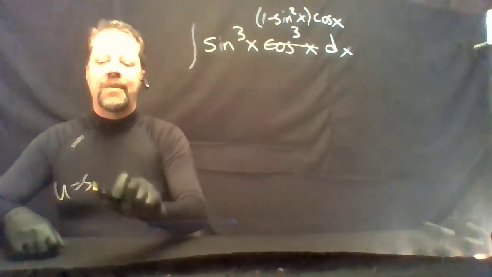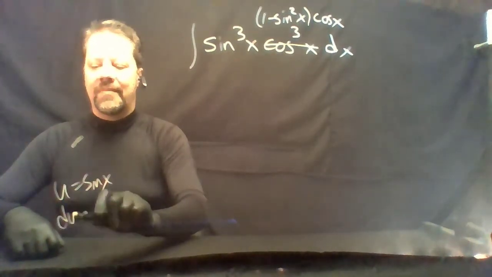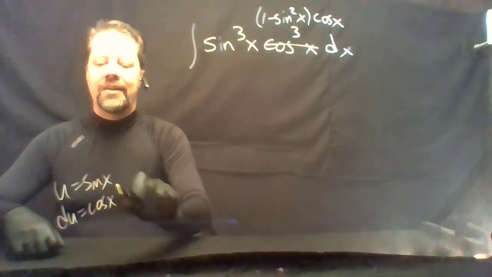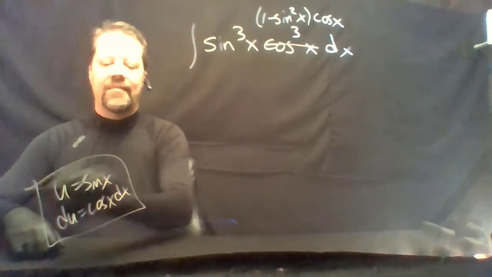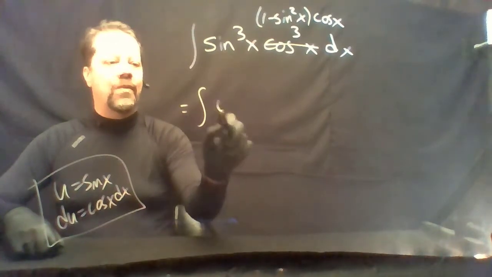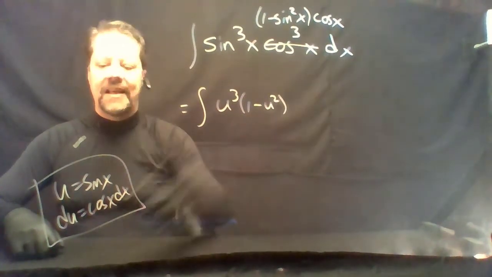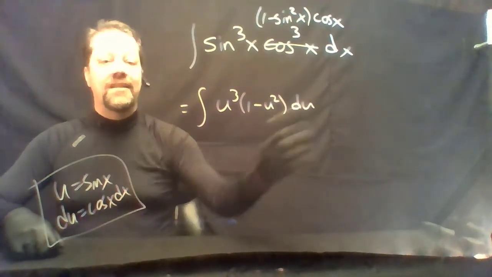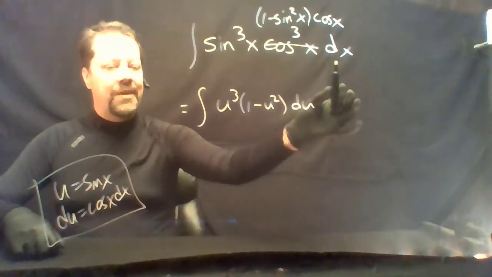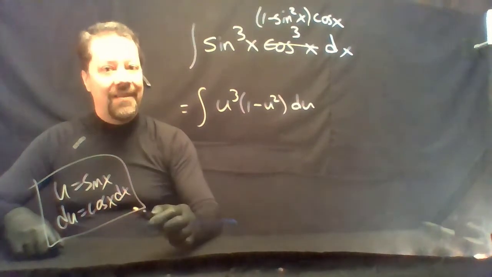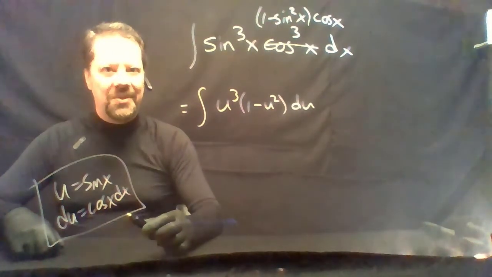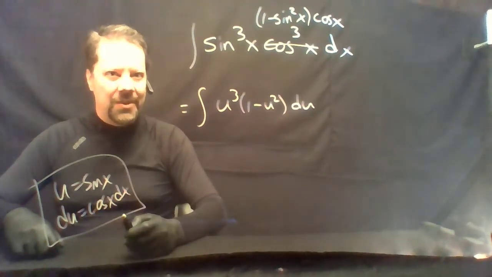We'll have u equals sine x. du is cosine x dx. The integral is transformed into u cubed times 1 minus u squared. The cosine x dx goes away to become du. Don't be abusing these differentials. They're important. If you start abusing them, they will abuse you back.